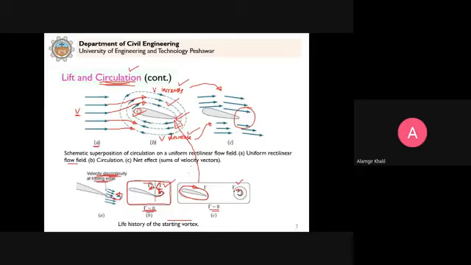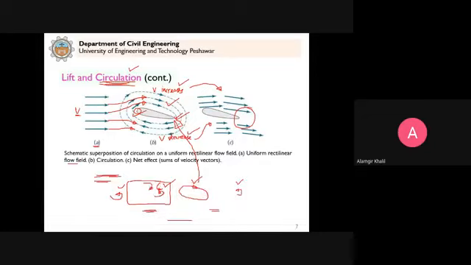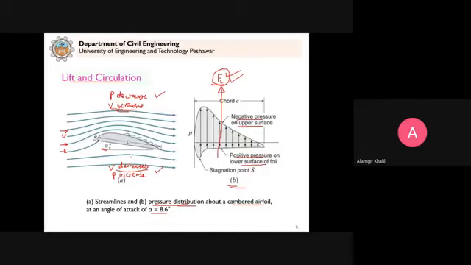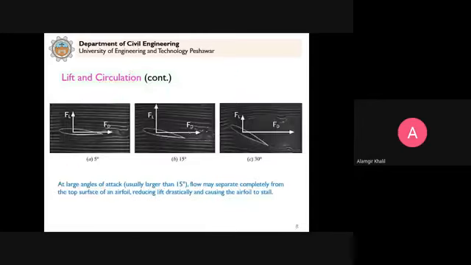So when the body moves, this happens and it results in this circulation. When the object moves through the air or fluid, it results in increased or decreased velocity, then increased or decreased pressure, and as a result this force is developed. So this is the mechanics behind how this force is developed.